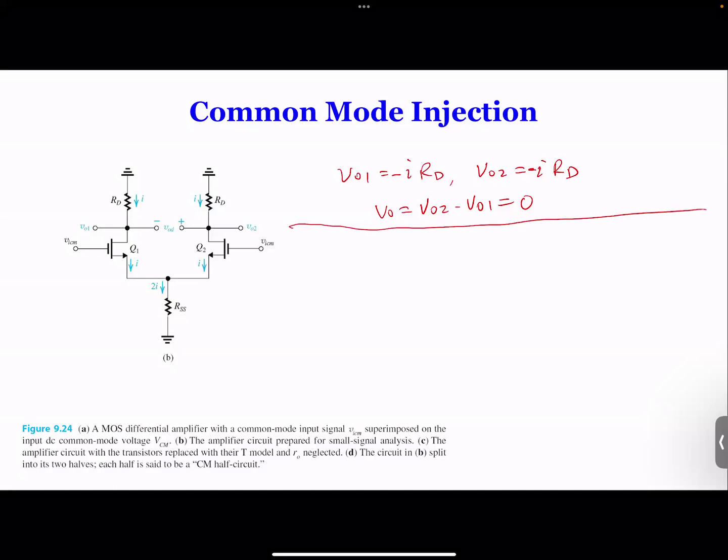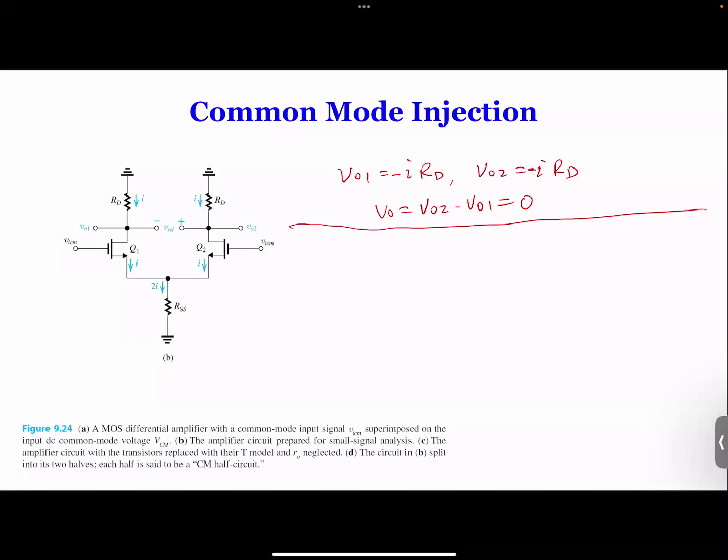But we can also draw the small signal equivalent circuit. Now in this case, we have RSS at the bottom. I don't know if you remember, when we did the differential input, we actually eliminated this one.